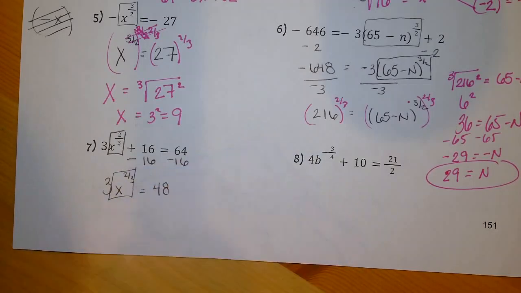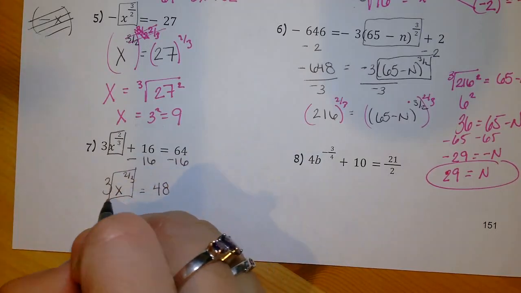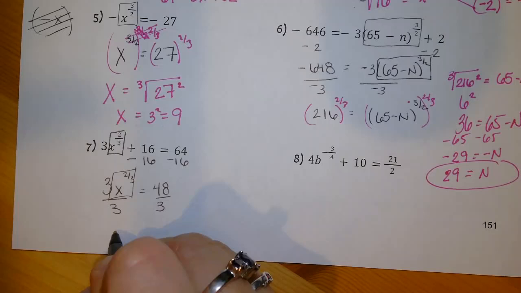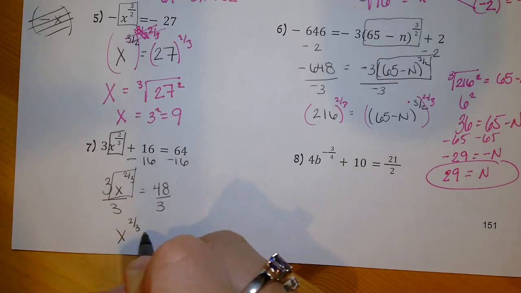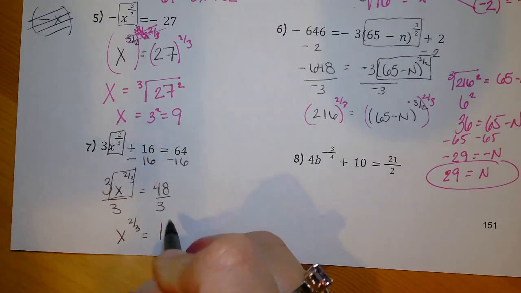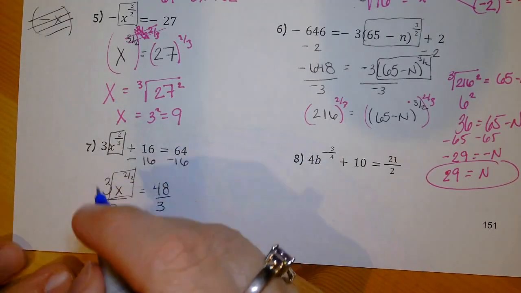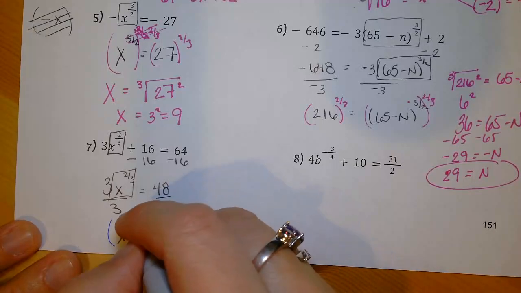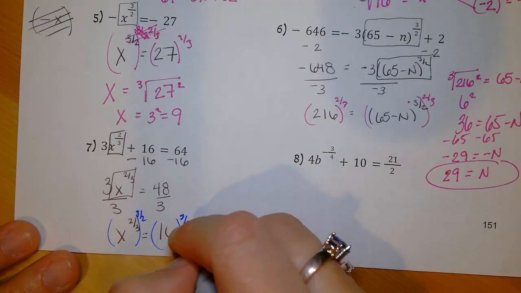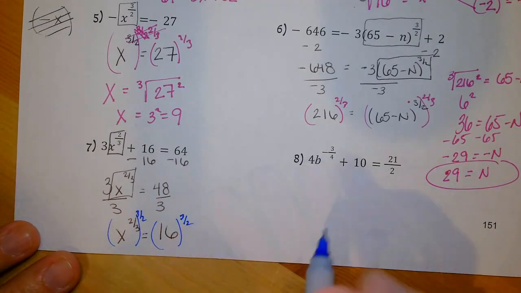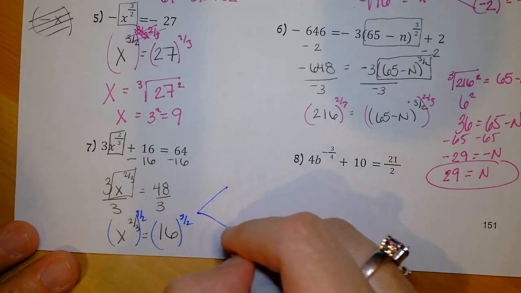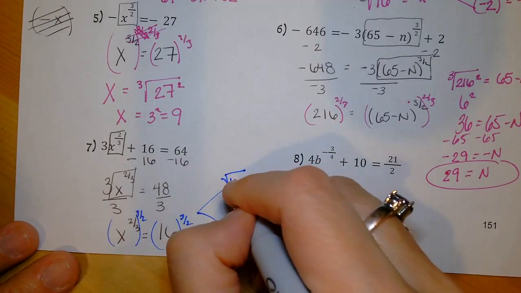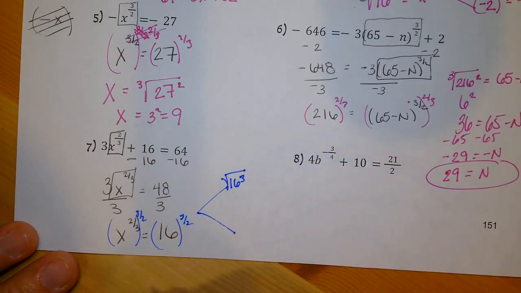Okay. x to the 2/3 is only on the x, so I'm going to divide by 3. So x to the 2/3 is equal to 16. Okay, I'm going to raise both sides to the reciprocal. So 3/2 and 3/2. Uh-oh, what type of root are we getting?